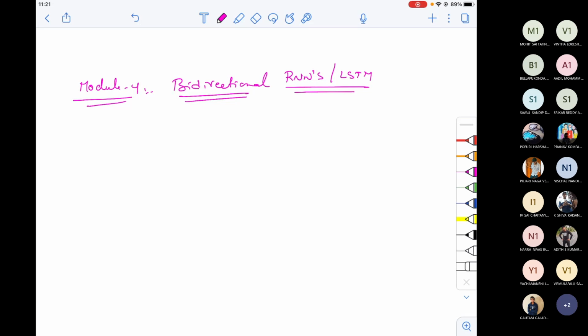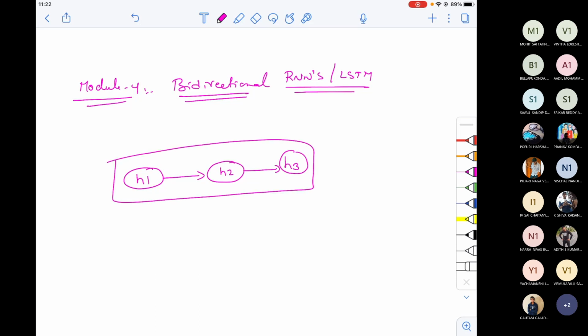If you observe from the beginning, the hidden layer 1 abstract representation is given to the next hidden layer H2. This is given to H3. For example, if I just want to predict the missing letter of a word, is this only sufficient?